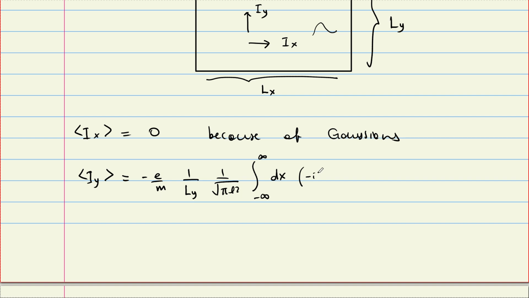This is going to be minus i h bar times ik plus e over c times minus Bx, and e to the i and e to the minus i, they are going to be 1, and what will remain is only the Gaussian.